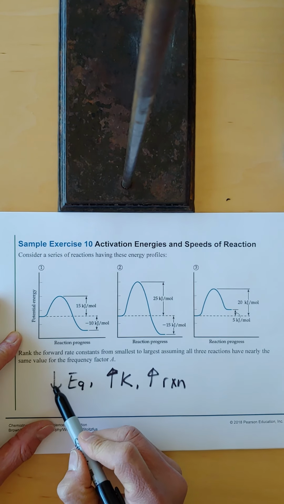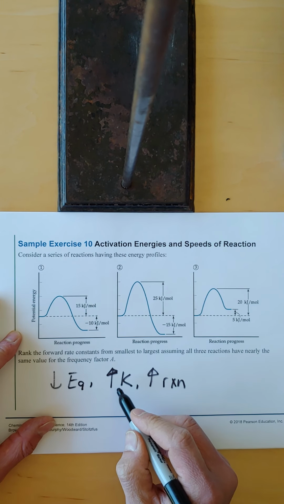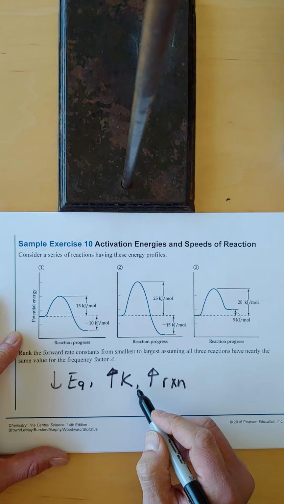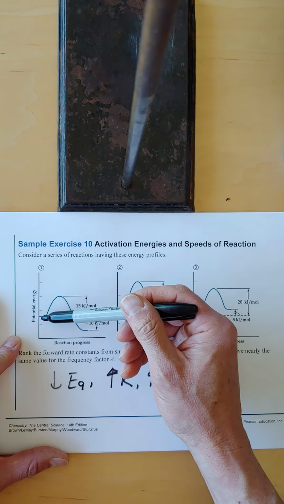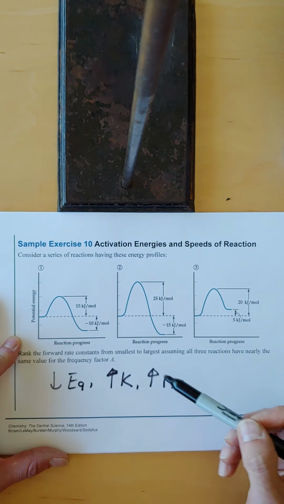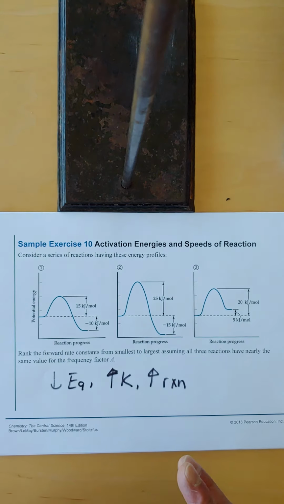So lower activation energy gives me a greater rate constant and a faster reaction. The change in energy from reactants to products in these graphs doesn't factor into the value of the rate constant. So I'm just looking at ranking the activation energies.